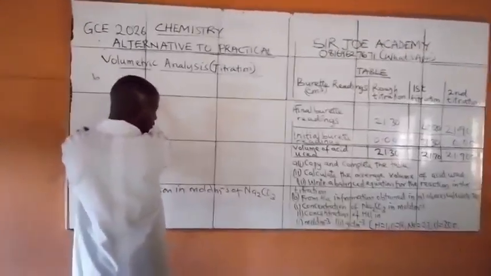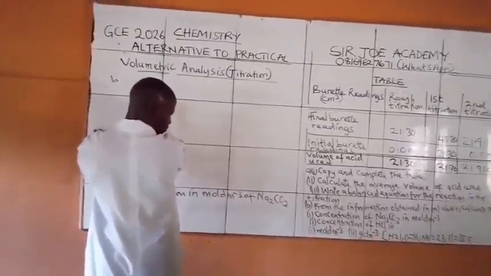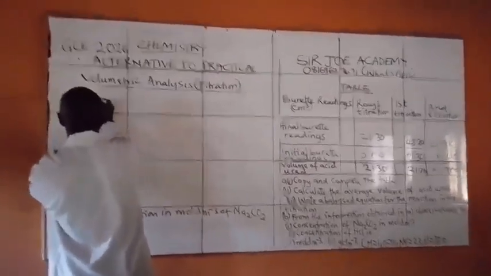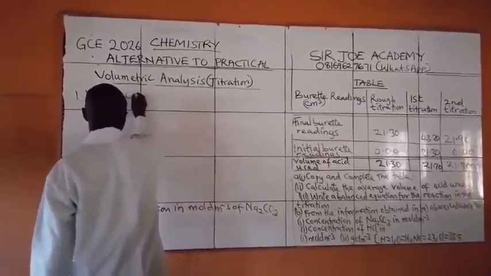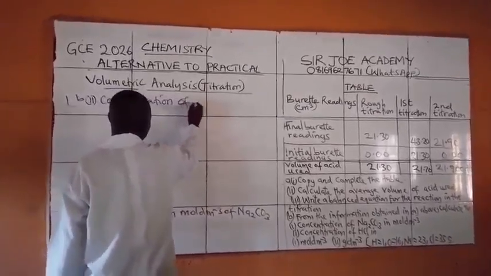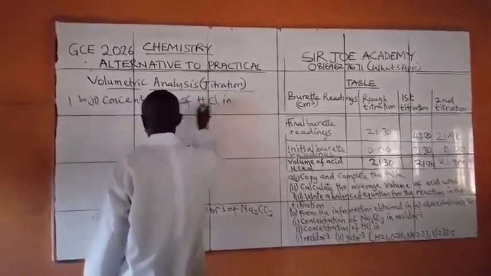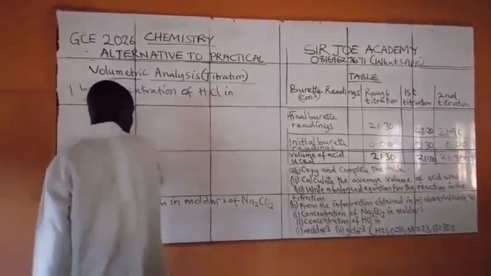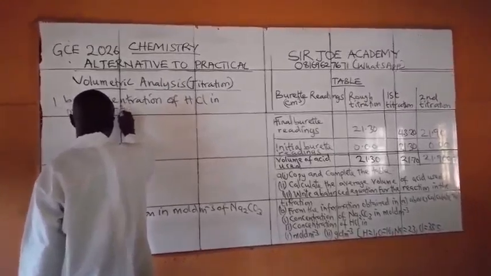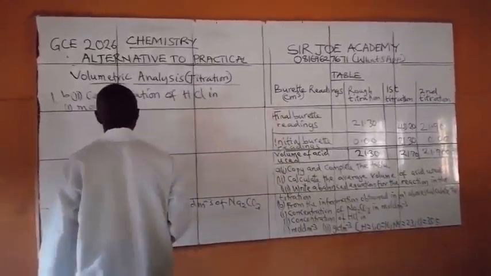That's B Roman figure 2. That's 1B Roman figure 2. That's concentration of HCl in mole per dm cube.